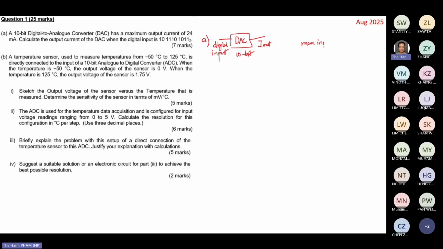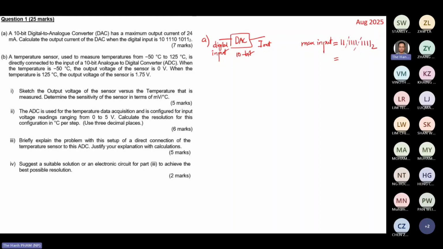So max input should be 1 1 1 1 1 1 1 1 1 1 in binary. Now this is 10-bit. So I already showed you how to use the calculator to convert, right?